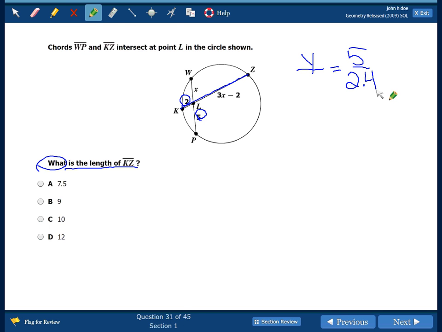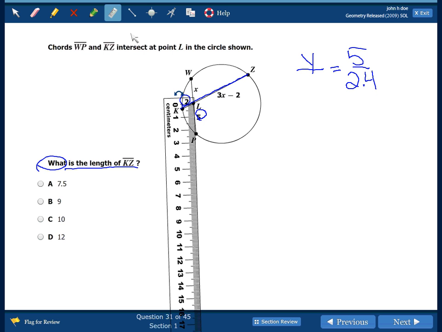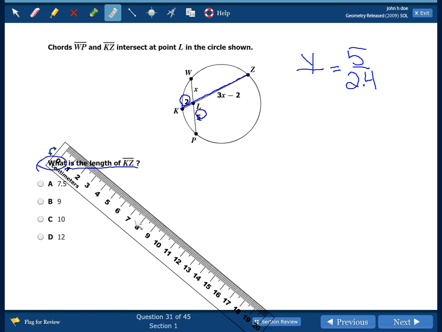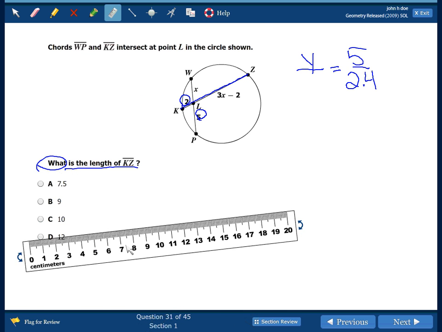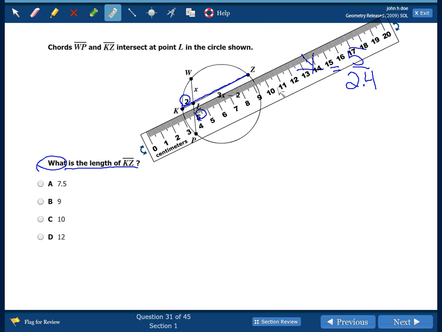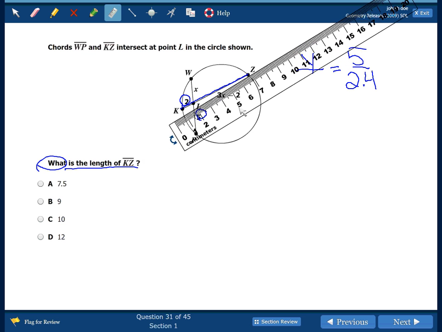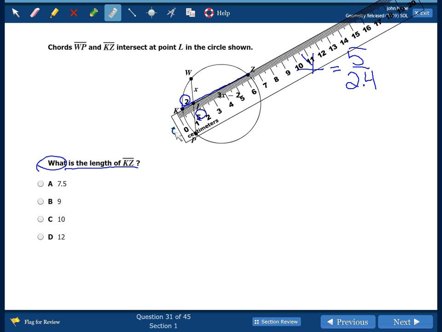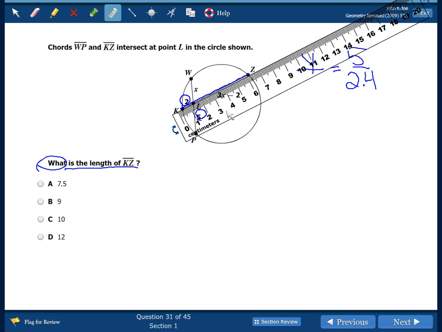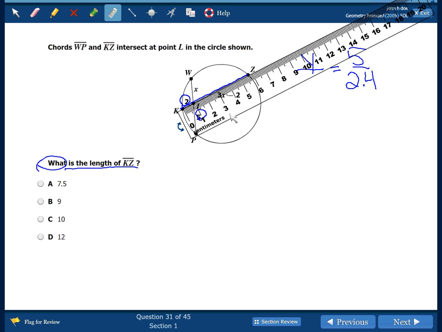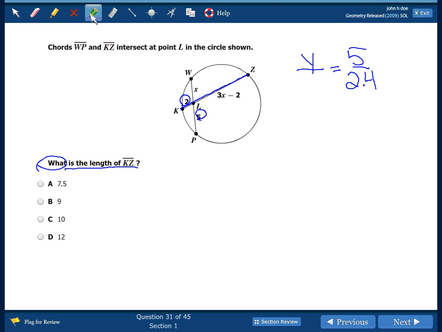And then we're going to measure how big the entire length of KZ is. So the entire length of KZ looks like it's about 5.7.